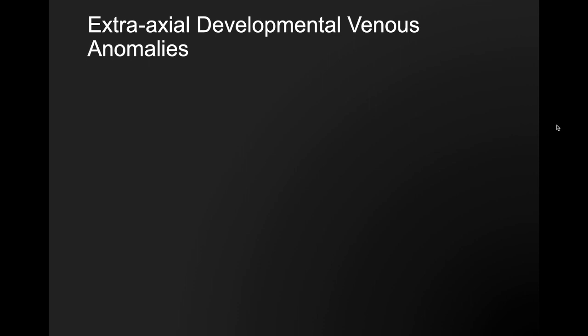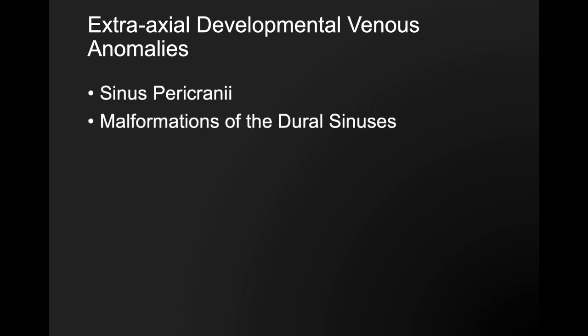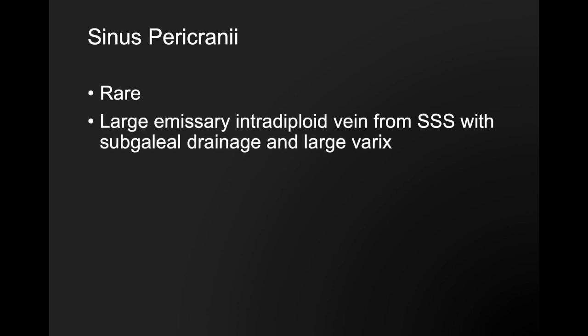And the last thing I'll talk about is this concept of extra-axial developmental venous anomalies. So these include things like sinus pericranii and malformations of the dural venous sinuses, as well as persistent embryonic sinuses. So sinus pericranii, it's pretty rare.